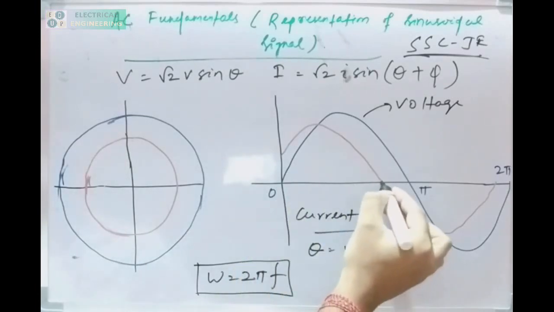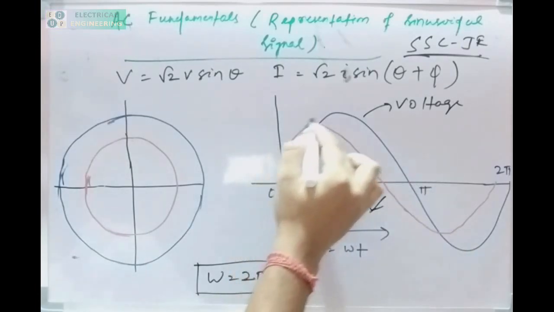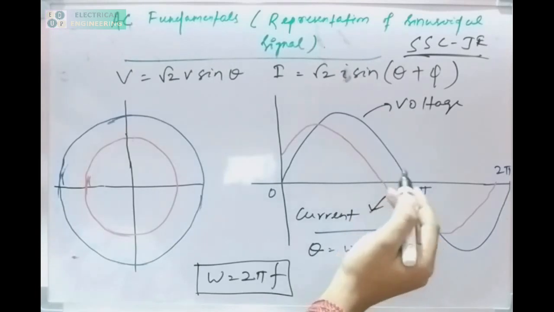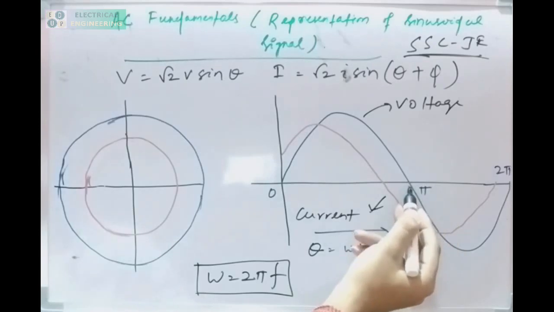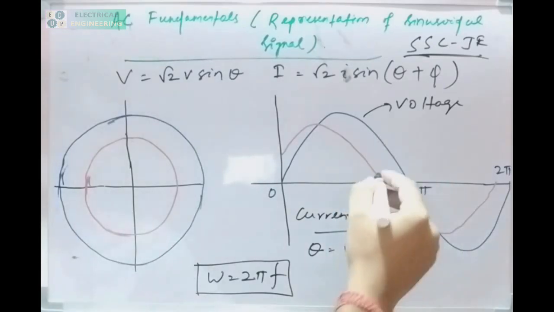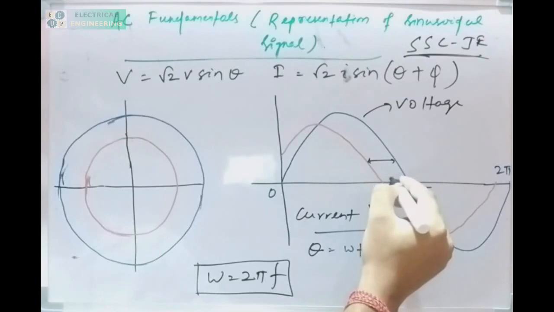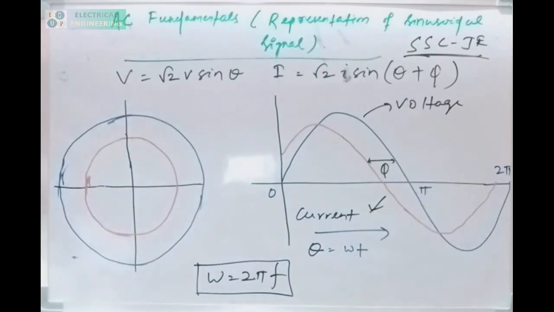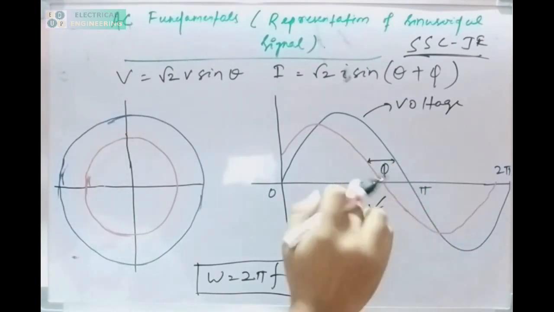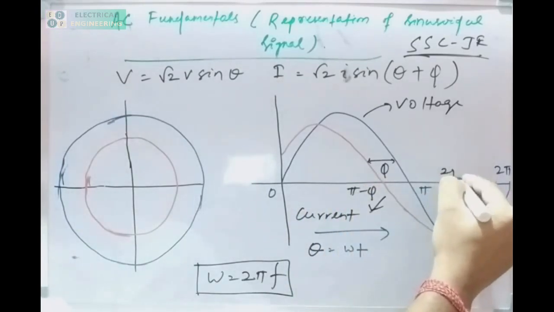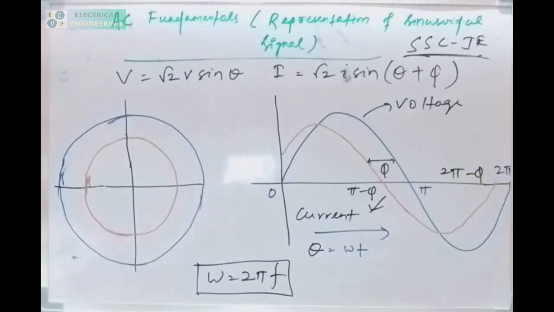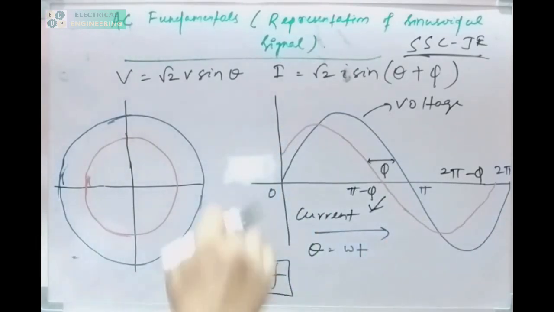The zero crossing for current is a little bit earlier than the zero crossing of voltage. This difference you can write as phi. If this point is pi, then the corresponding point will be pi minus phi, or 2 pi minus phi, because it is earlier than the pi point. This is the sinusoidal waveform.